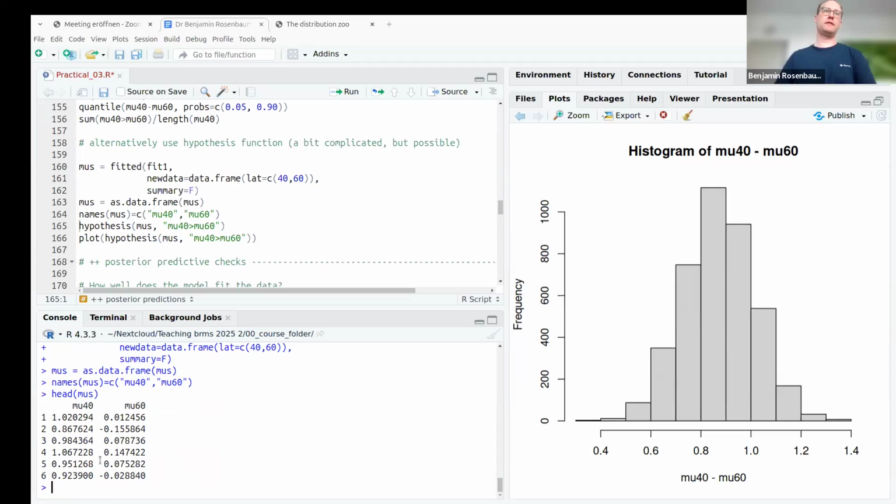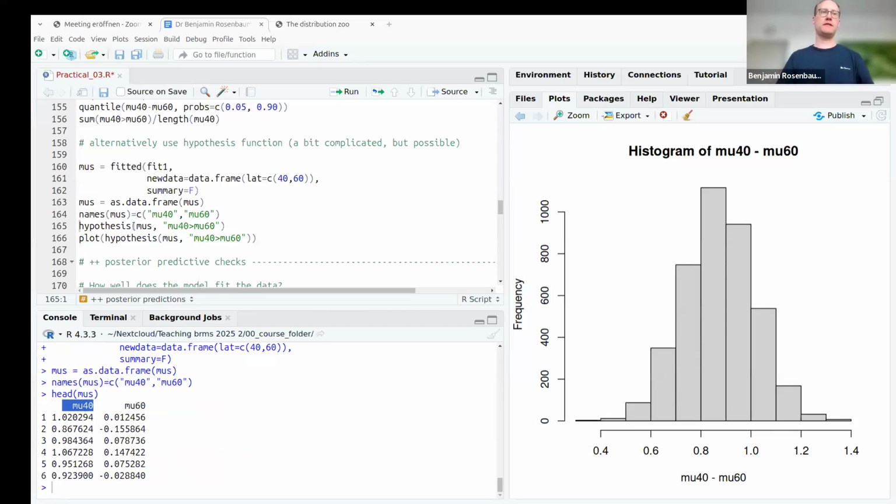And then I can use this with a hypothesis function. So we used the hypothesis function before to calculate probabilities of parameters, but you can also compute probabilities from everything you derive from the parameters. It just has to be coded in this kind of matrix form where each column corresponds to a certain prediction and each line corresponds to one sample.